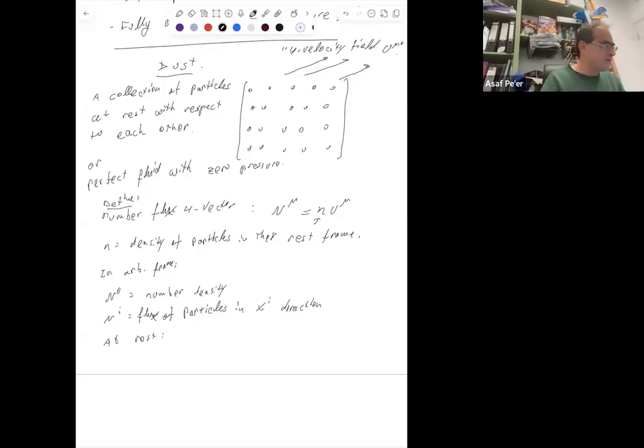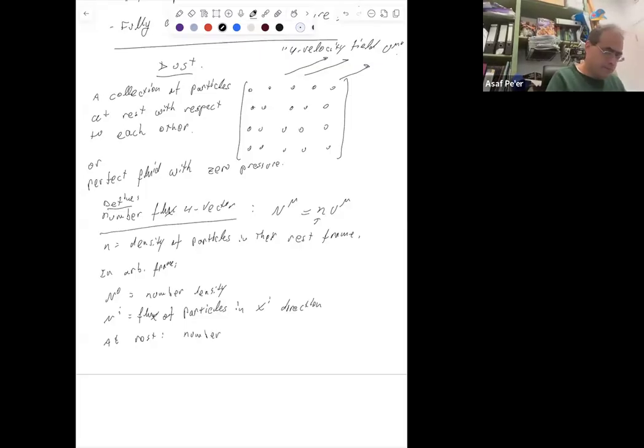Of course, in the frame in which they're at rest, what is the number flux 4-vector?